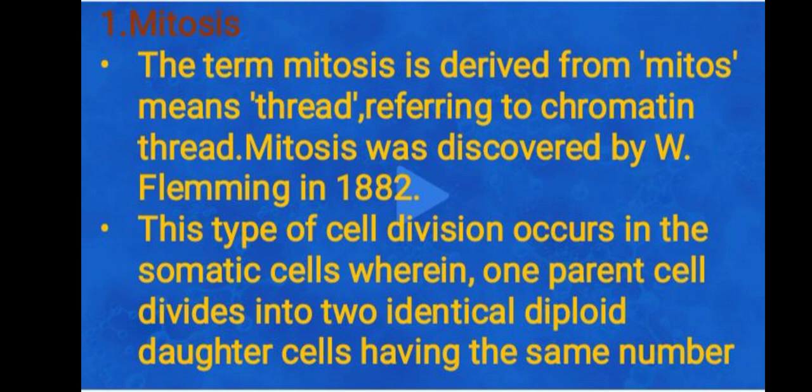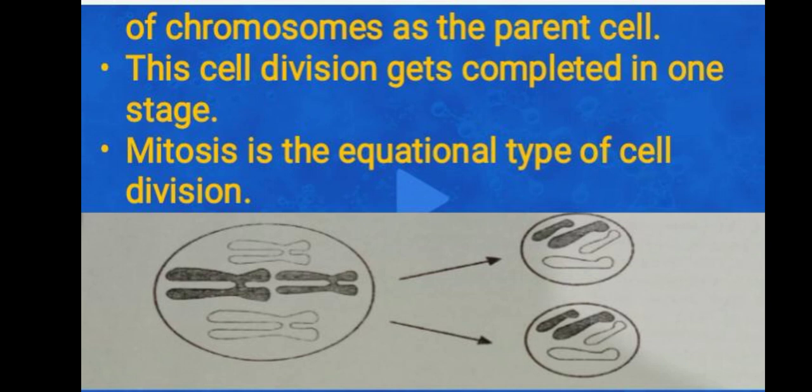Here one parent cell divides into two identical diploid daughter cells having the same number of chromosomes as the parent cell. This cell division gets completed in one stage itself. Mitosis is the equational type of cell division.